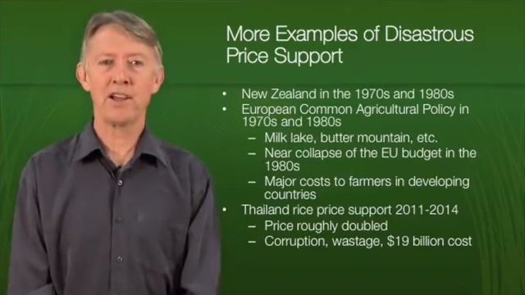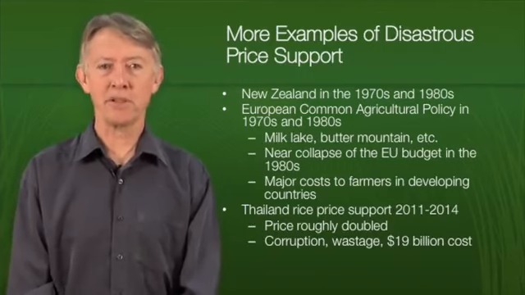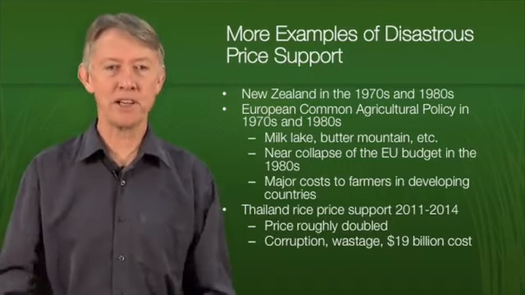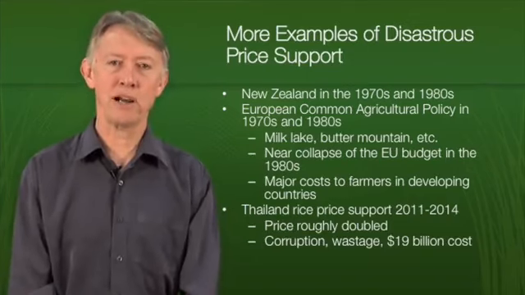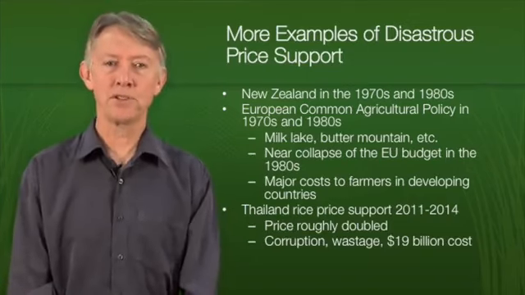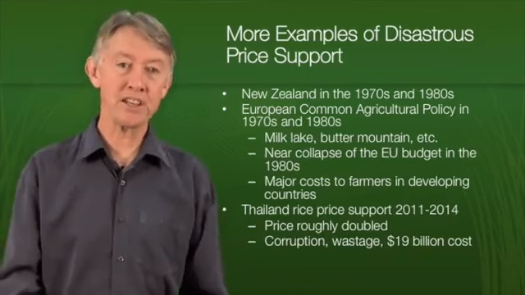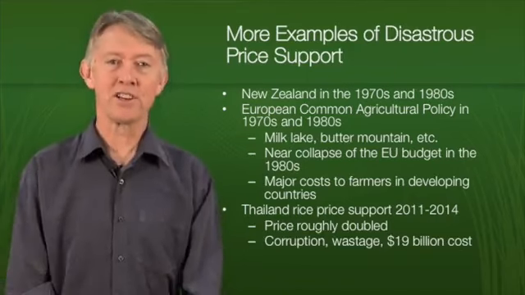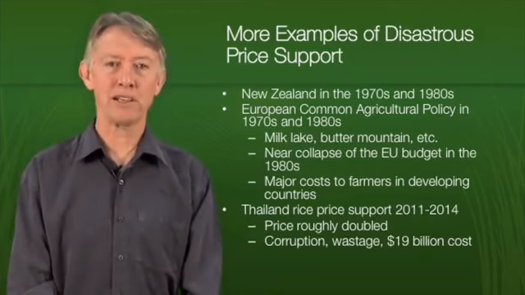And recently we had a similar scheme in Thailand to increase the price of rice. The Thai government set the price of rice for domestic producers at roughly double the world market price. And this caused massive problems with corruption, with rice being imported into Thailand from other countries so that unscrupulous people could sell it at double the market price.